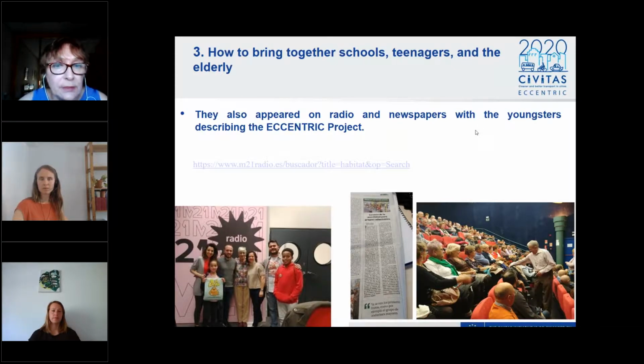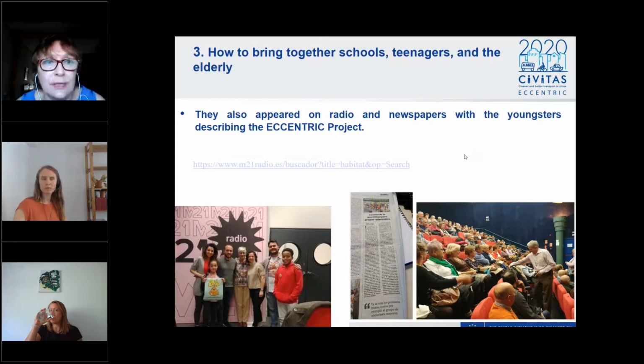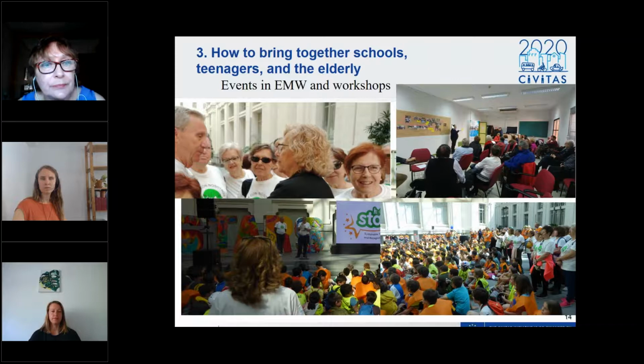Also the newspaper and the radio, speaking about the benefits of the active modes and the necessity of improving the public space to walk better and to go by bike better, because Madrid has very few bike lanes. You can pass the slides, please.